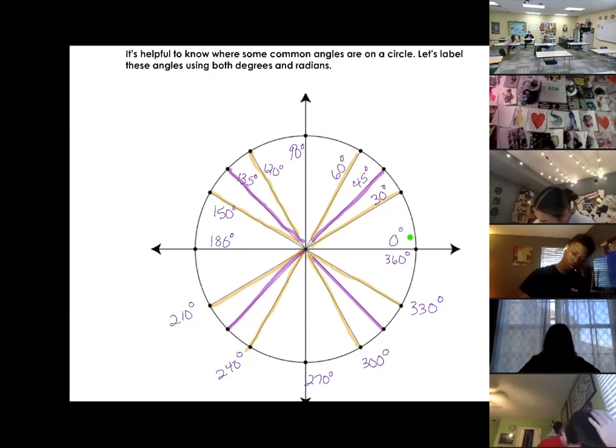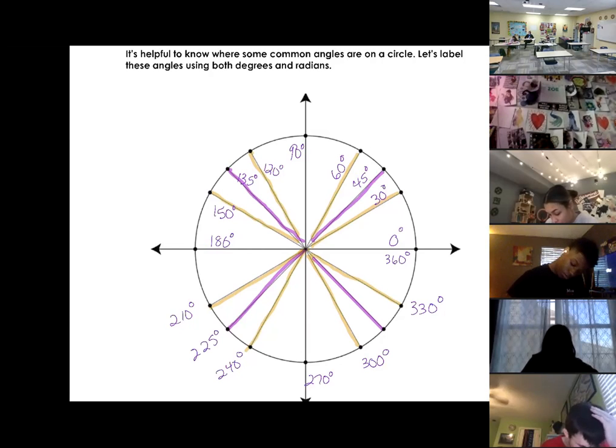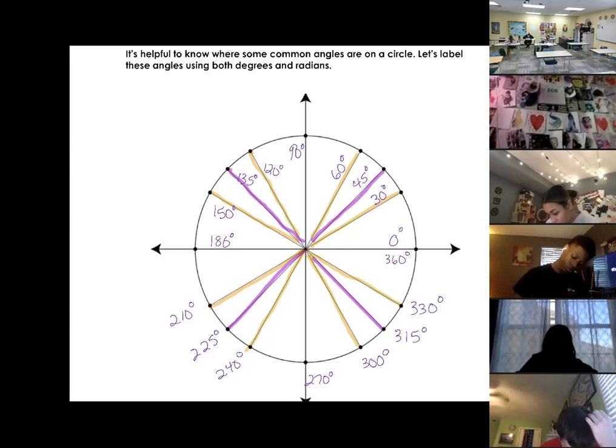So 0 plus 45 is 45. 45 plus 45 is 90. 90 plus 45 is 135. 135 plus 45 takes us to 180. 180 plus 45 would be 225. And then 225 plus 45 is 270. 270 plus 45 is 315. Okay.